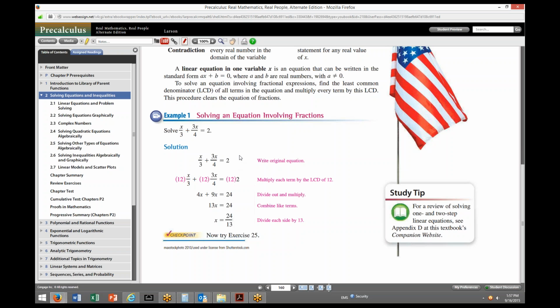For instance, 24/13 over 3: 24/13 divided by 3 would be the same as 24/13 divided by 3 over 1, so that's just like 8/13. And then 3 times 24/13 over 4. Well, again, 24/13 times 3 is 72/13, and 72 divided by 4 is 18.